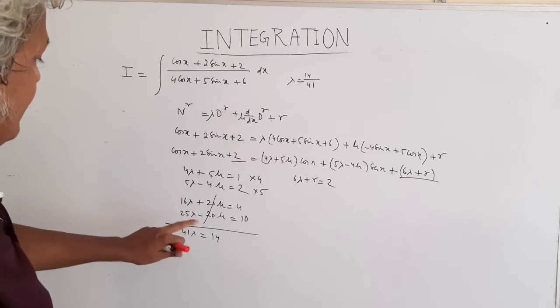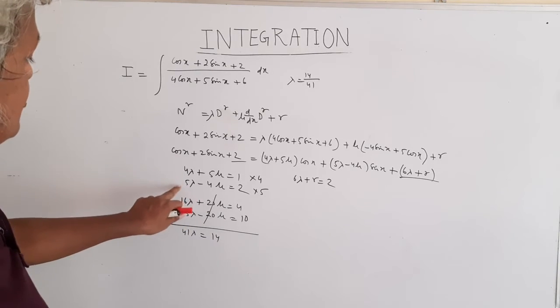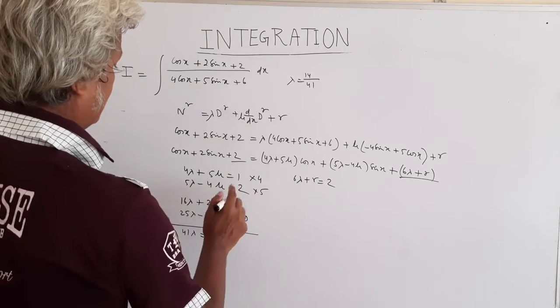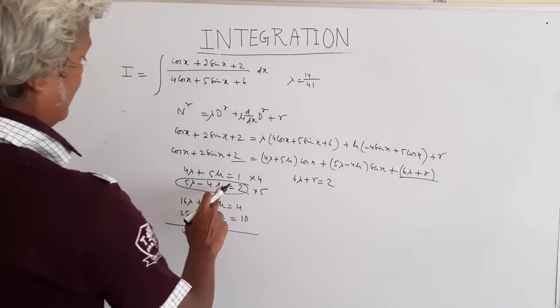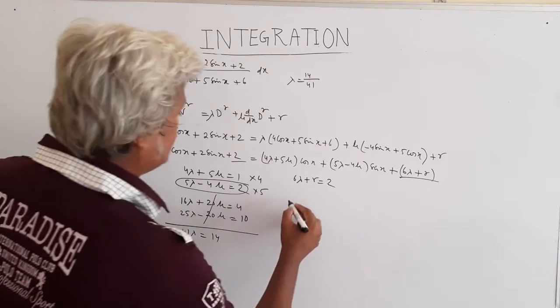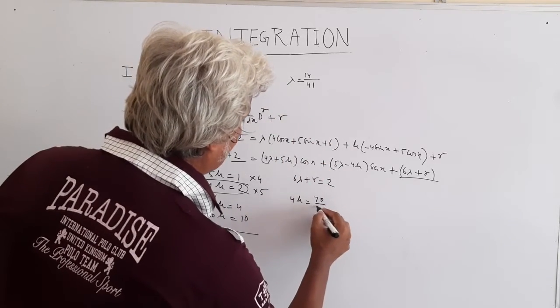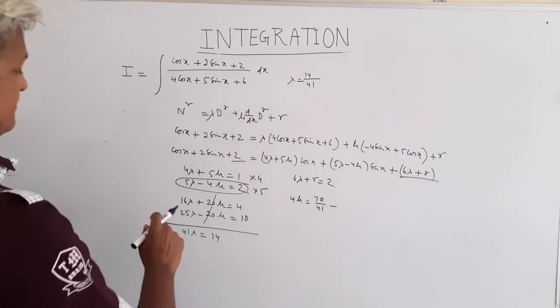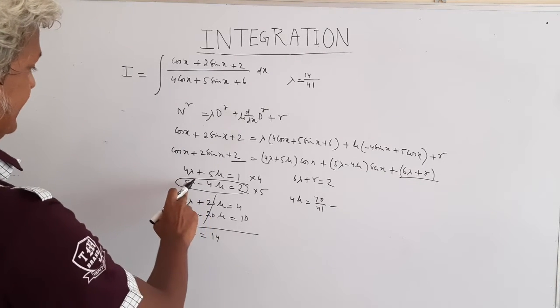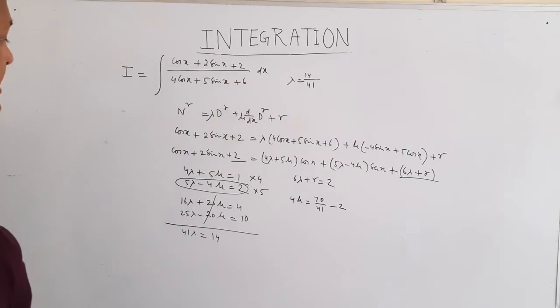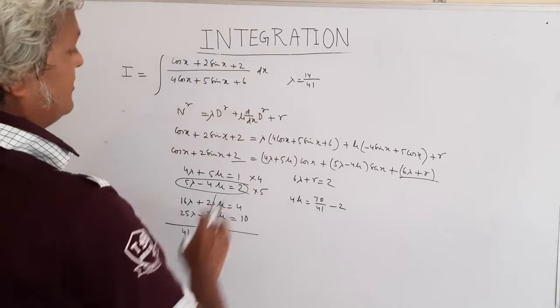Now I put the value of lambda in any one of these two equations to find the value of mu. If I take this one, the job is done. So 4 mu is 5 lambda minus 2. 5 lambda is 70 over 41, 14 times 5 is 70, minus 2.